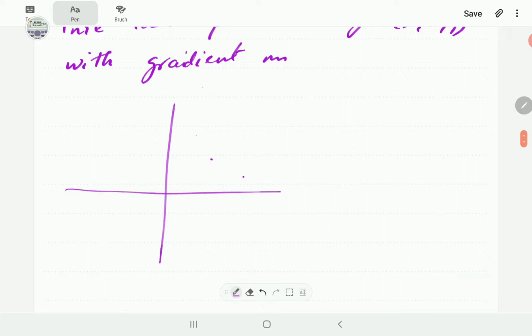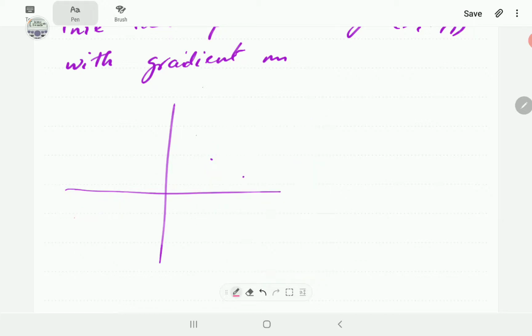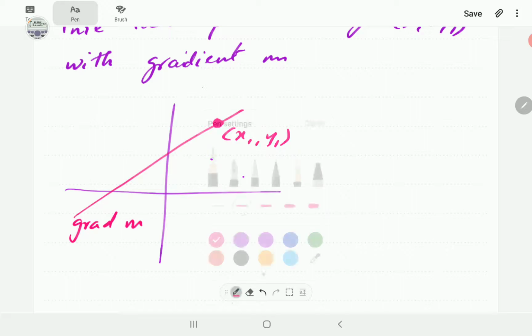Graphically, this is what is happening. There is our straight line. Still it's got gradient m, but this time the point that we know it goes through is not necessarily this one. Maybe it's some other point there, and that point is given by (x1, y1). That's the y-axis, that's the x-axis.